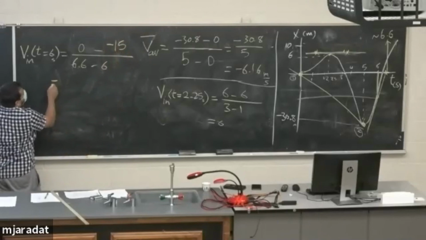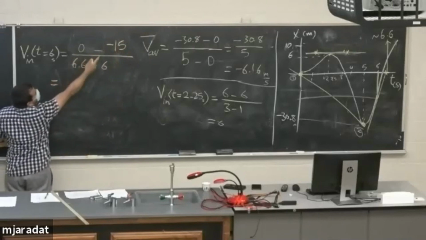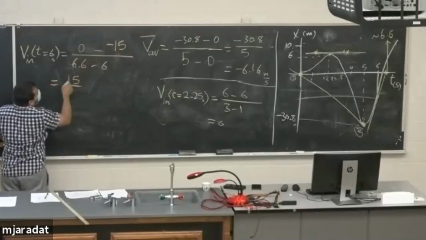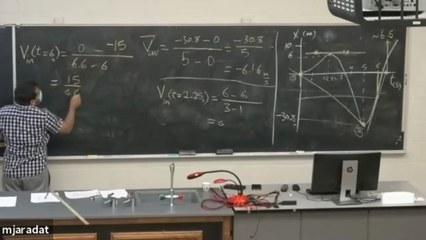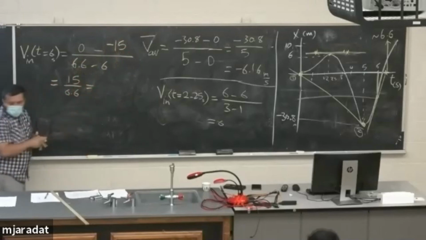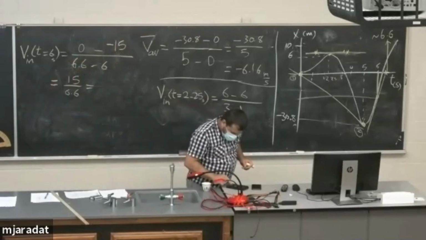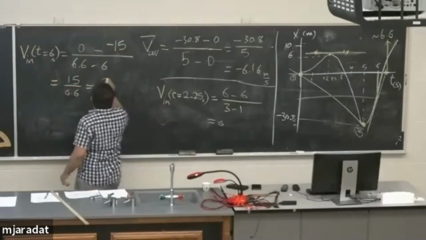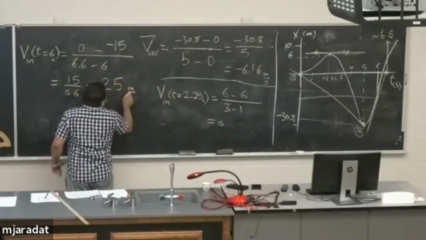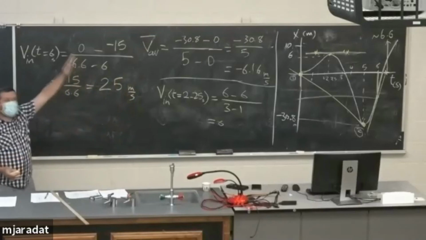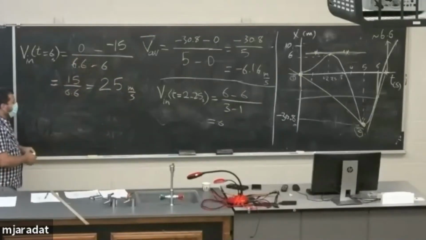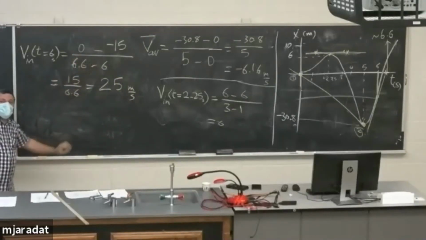So I have negative 0, negative negative, it's positive 15 over this minus this over 0.6, which is equal to 25 meters per second. It is positive. The line is going up. This is the instantaneous velocity at that point.